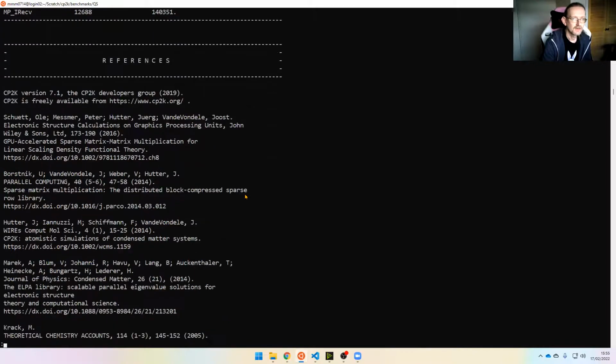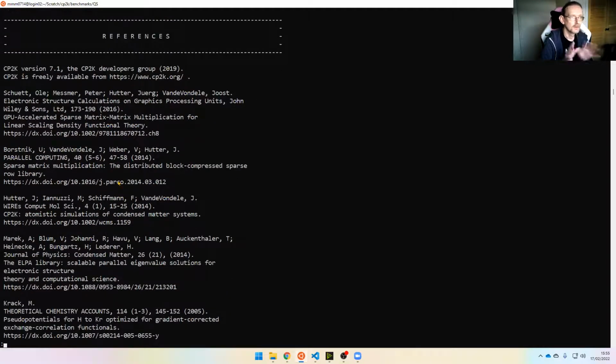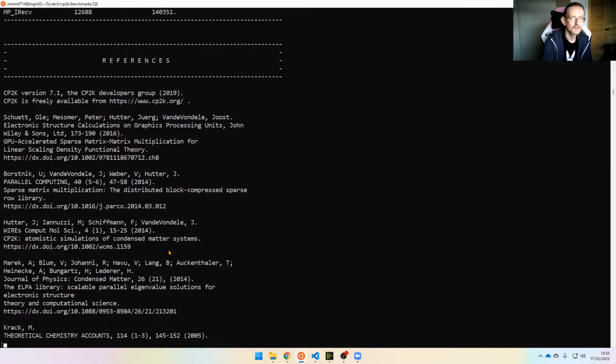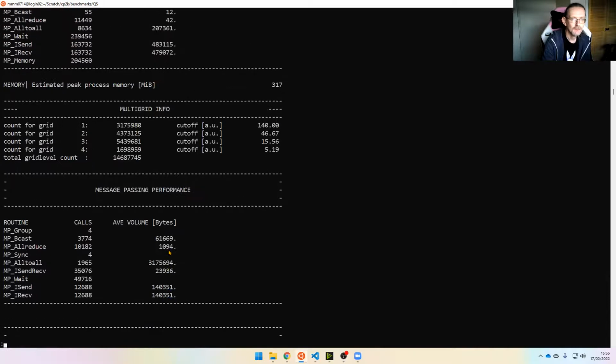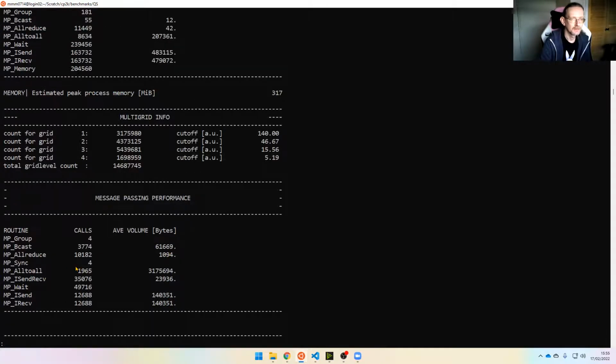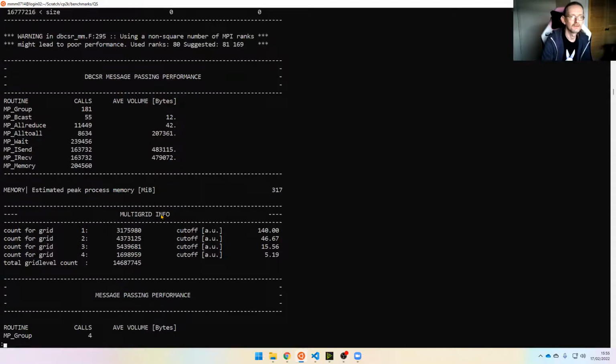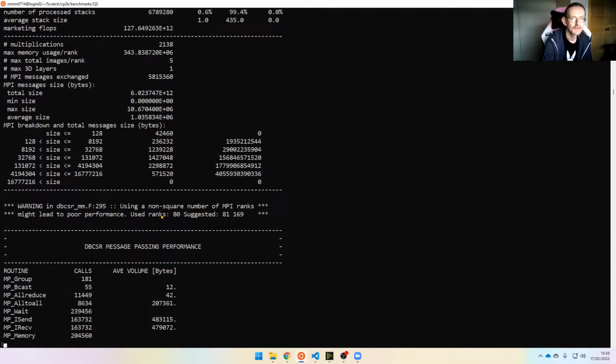It prints out a set of references. So whenever you activate a given algorithm in the code, an appropriate reference comes out. It's quite useful. Some stuff about the message passing, so how well the communication is working. The grid count, which I mentioned for the multi-grids.